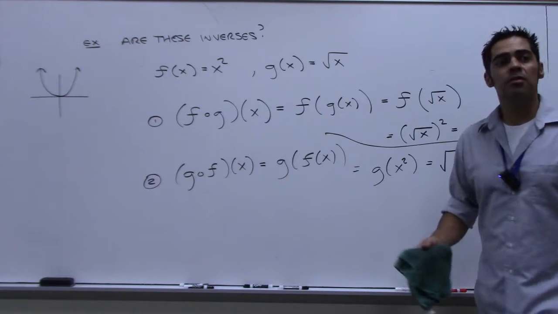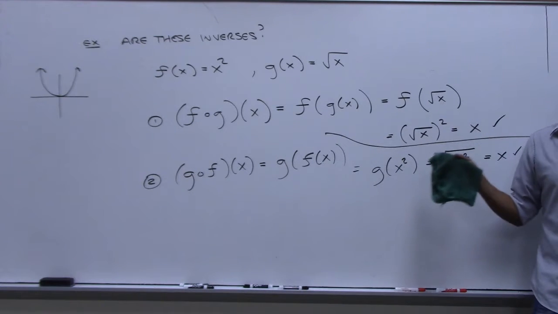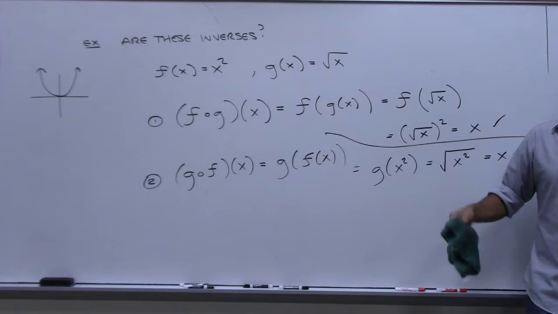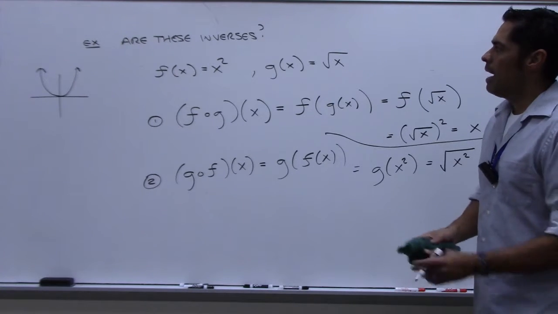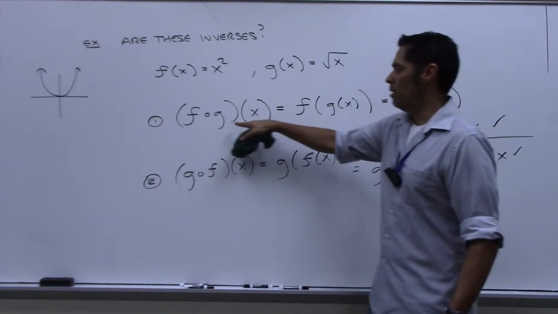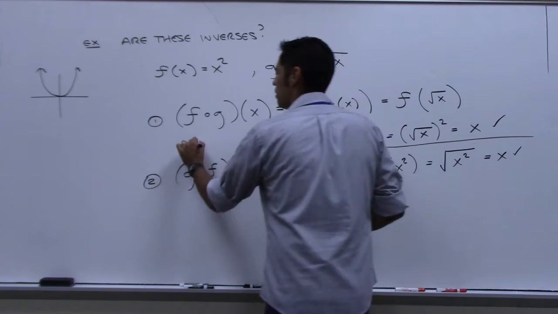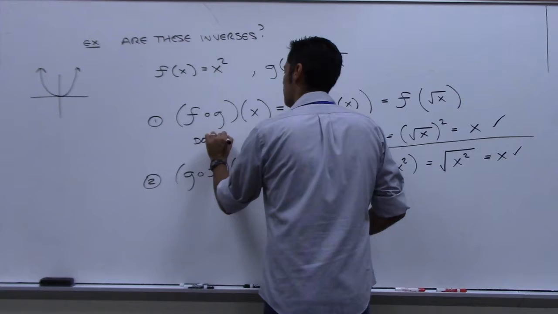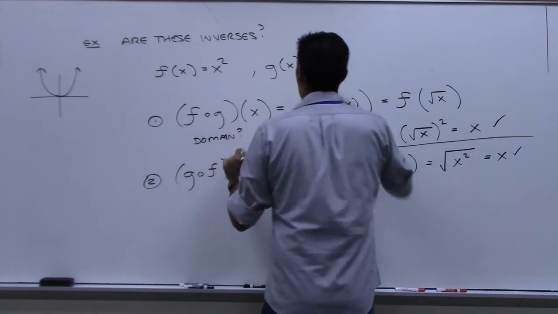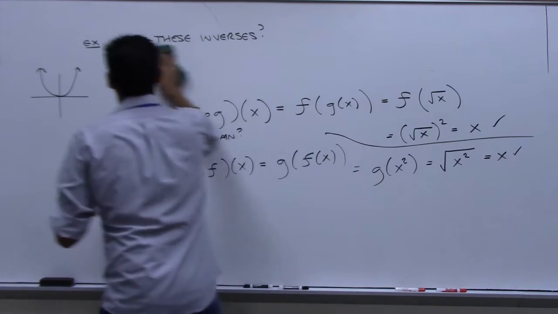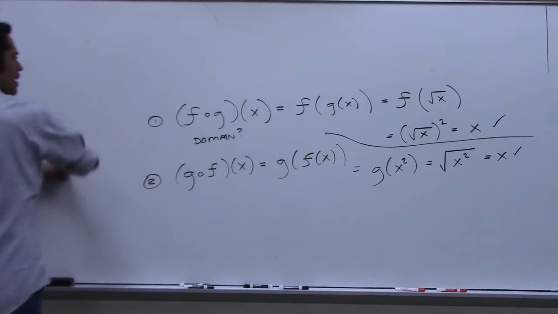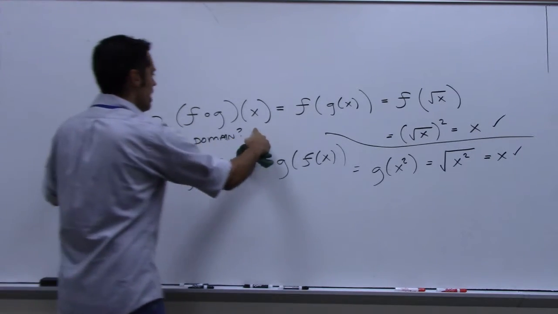Do you remember when we were doing domains of composition? We did it last class. Let's take a look at the domain of this first one. Let's look at f of g. What's the domain of this? So how did we do domain when we did f of g of x? Remember, I first wrote down x.